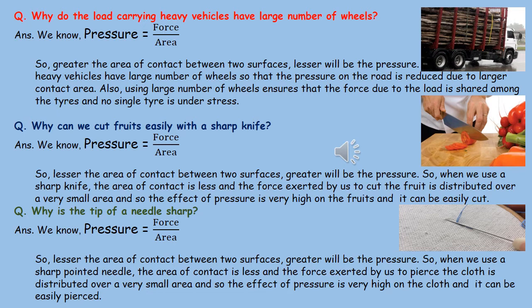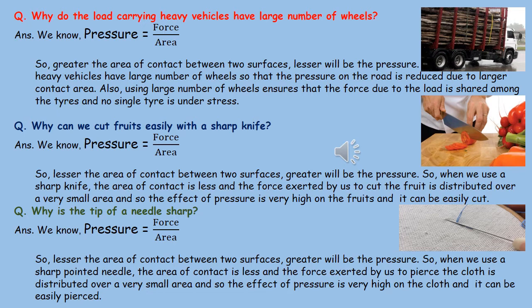So greater the area of contact between the two surfaces, lesser will be the pressure. So heavy vehicles have a large number of wheels so that the area of contact increases. So the force exerted due to the weight of the heavy load is distributed over a larger area, and the effect of pressure on the tire and the ground is less.